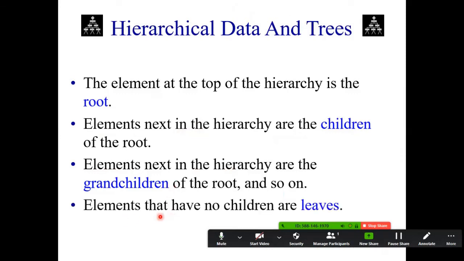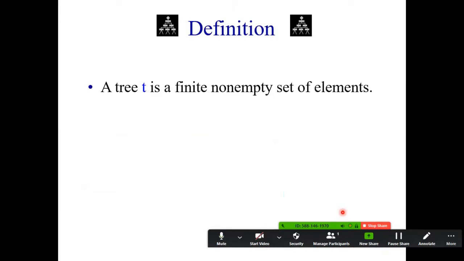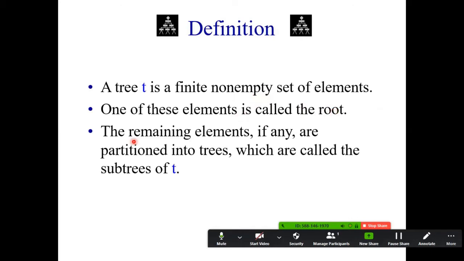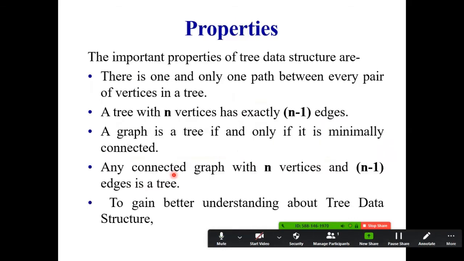The elements which have no children are called leaves, and so on. Now the definition: a tree T is a finite non-empty set of elements. One of these elements is called the root. The remaining elements, if any, are partitioned into trees, which are called the subtrees of the tree.